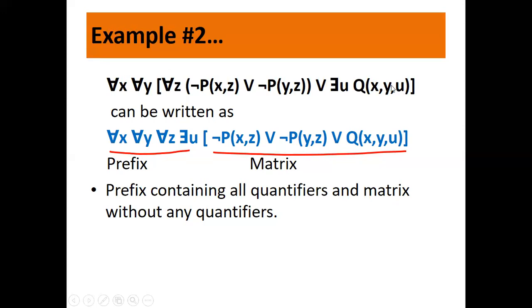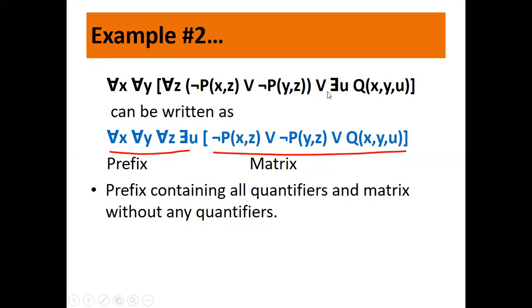That means these two quantifiers are independent. U does not come in the scope of the universal quantifier, and Z does not come in the scope of the existential quantifier. So taking them outside will not affect the formula, right? So the next step is what?